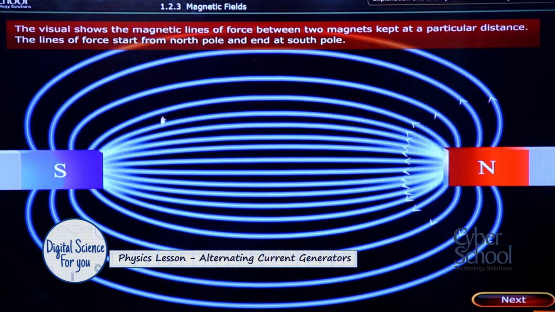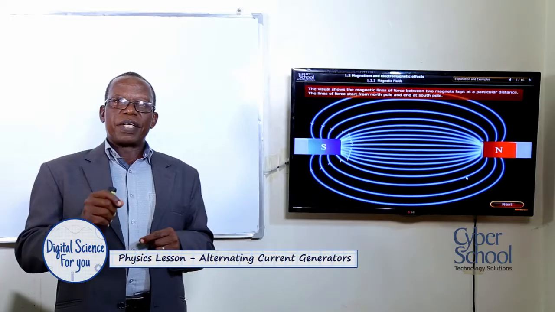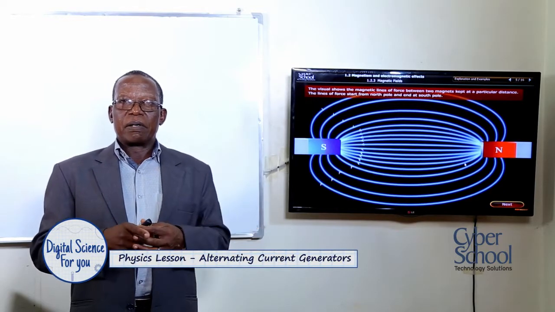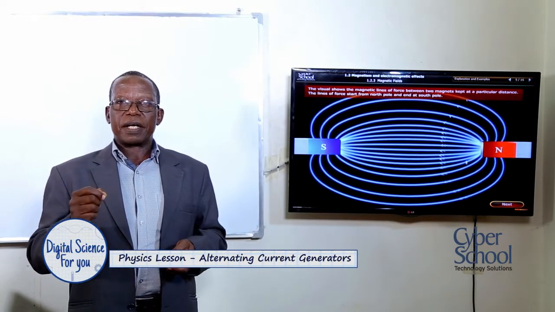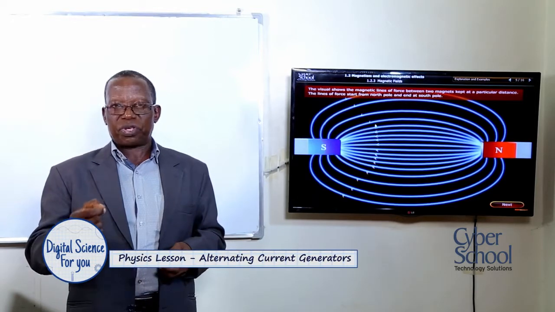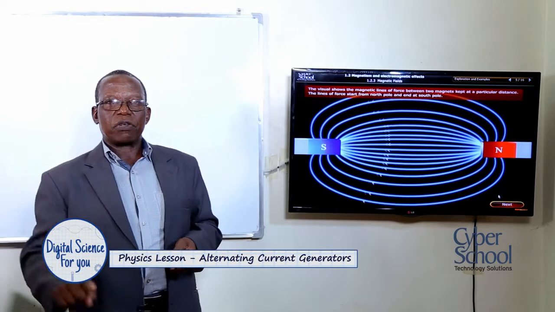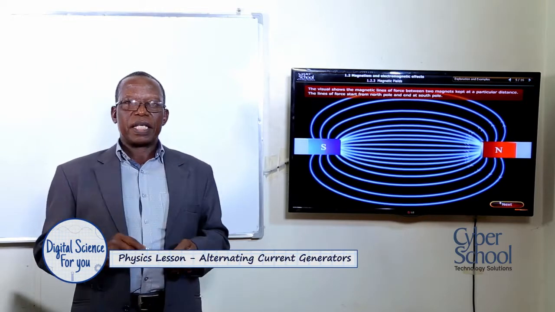Another part of the apparatus that we need in the AC generator is the rectangular coil. The rectangular coil rotates in between these field lines, and current can only be induced into the coil when there is rotation of the coil in the field.